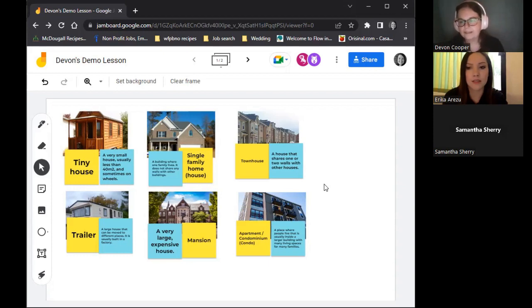I think we have many townhouses and apartments and condominiums in Germany, but we usually call them one word. And I think that's very common in other places as well.